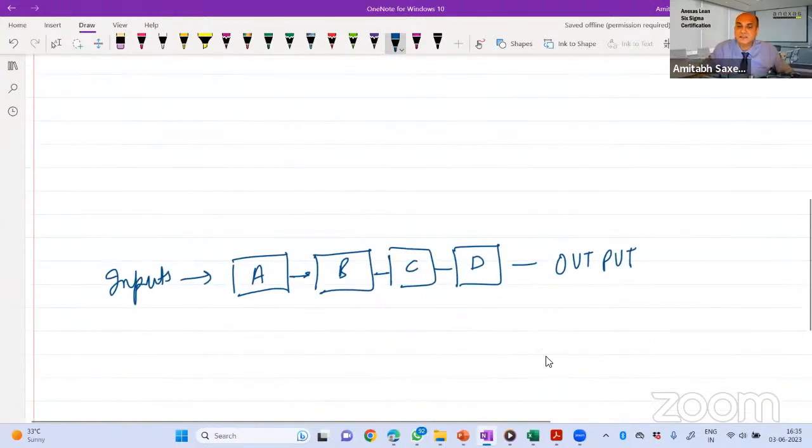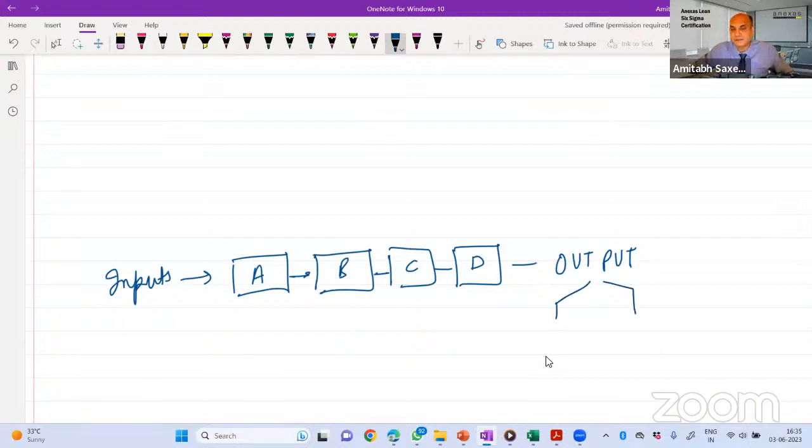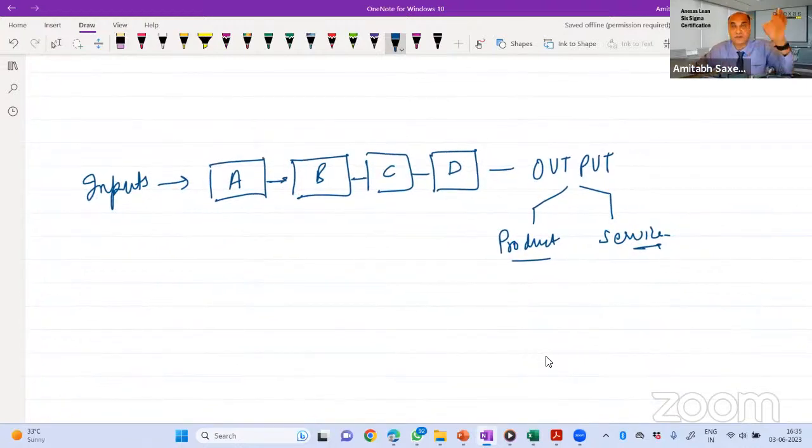Output is either a product or a service. Sometimes you are producing capability to provide a service, or sometimes you're producing a mix, both a product and a service.